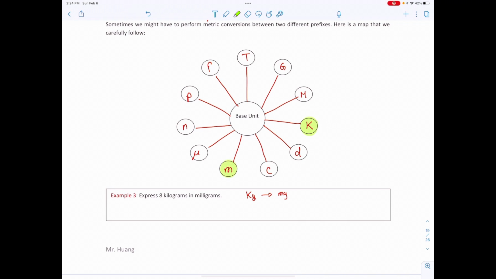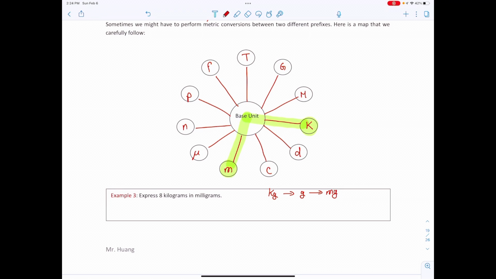And I'm trying to go to milligrams, but there's no direct flight or no direct path from kilo to milli. So we have to go from kilograms to the base unit, so just grams, and then grams to milligrams. So I'm going to readjust my roadmap here. I'm going to try to go from kilograms to grams, and then from grams to milligram.